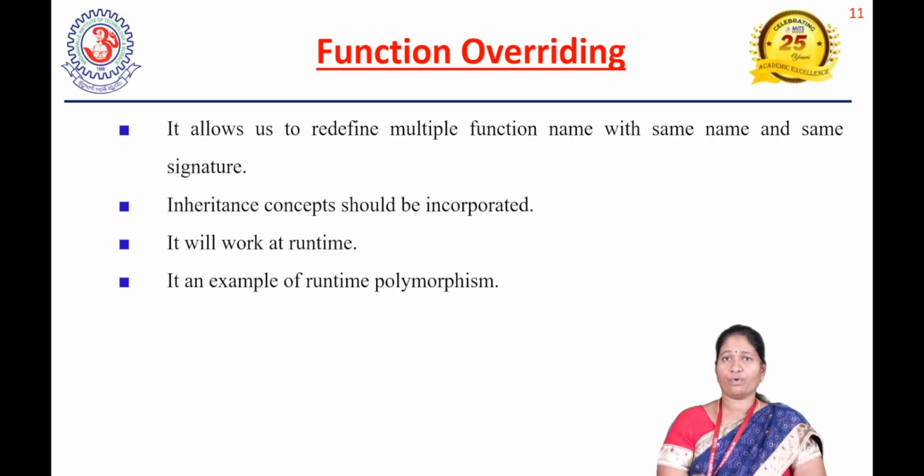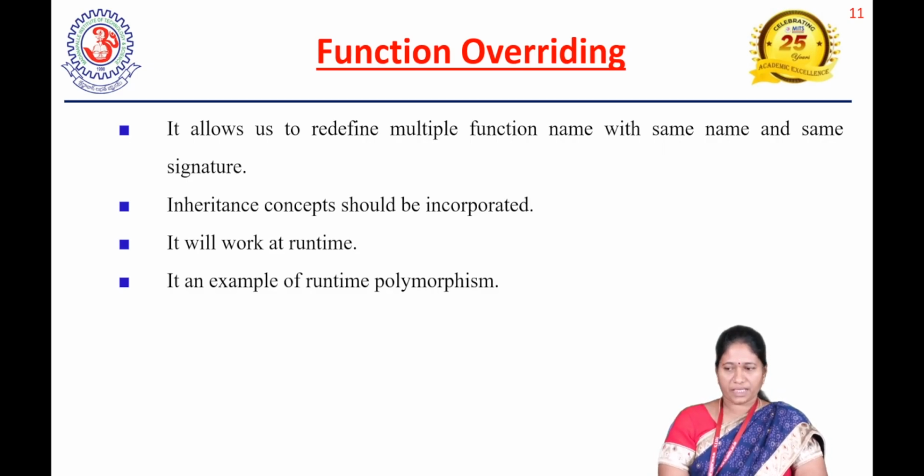But if you go for function overloading, we say it is compile time polymorphism. When you compile the code, the compiler will recognize whether it is compile time polymorphism or runtime polymorphism, that is, whether it is function overloading or function overriding. This is the way the compiler recognizes whether a function is overriding or overloading.